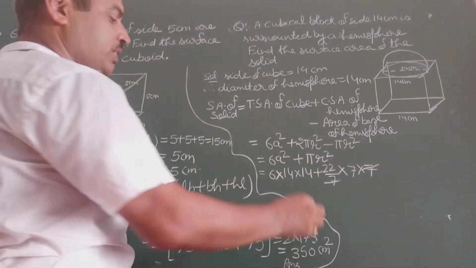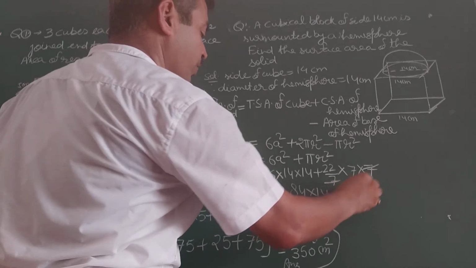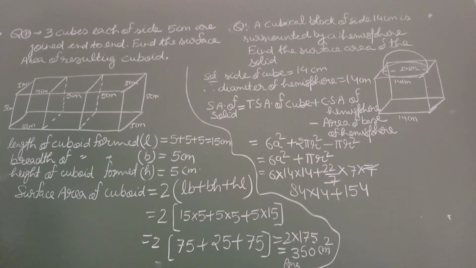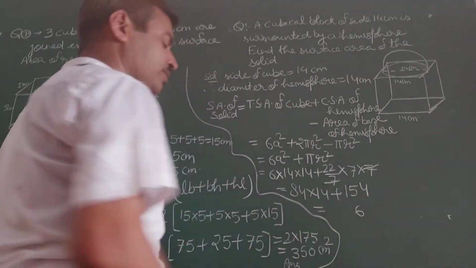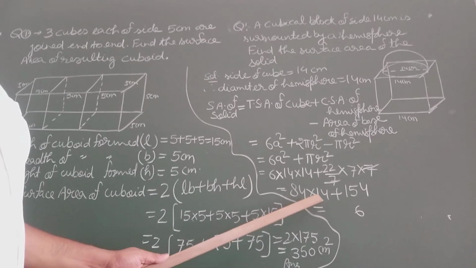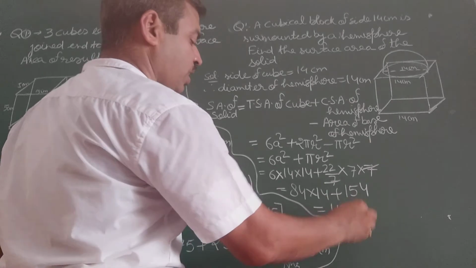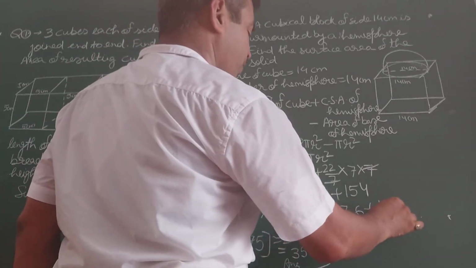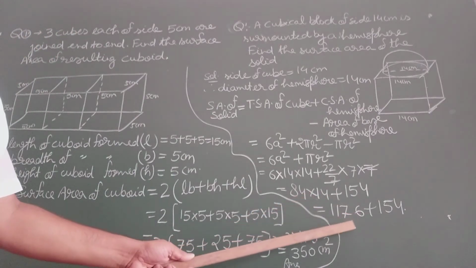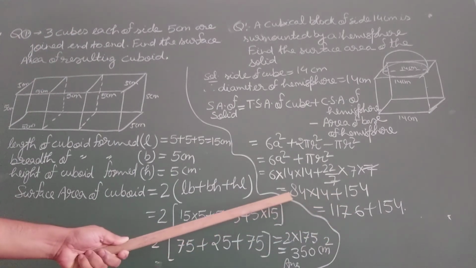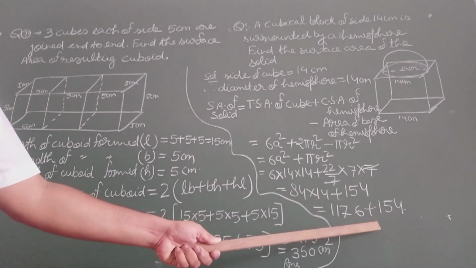Let's multiply it. 14 times 6 is 84. 84 into 14 plus 154. Now multiply first. 14 times 4 is 56. Carry 5. 14 times 8 is 112, plus 5, 117, plus 154.